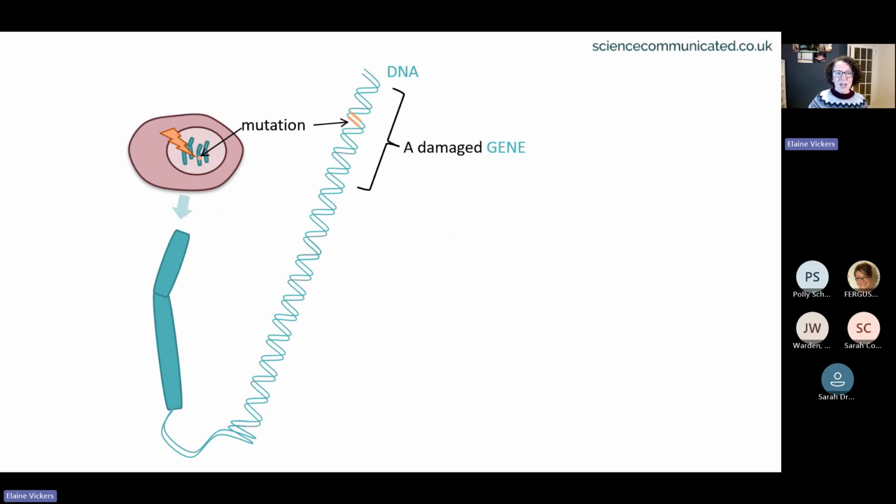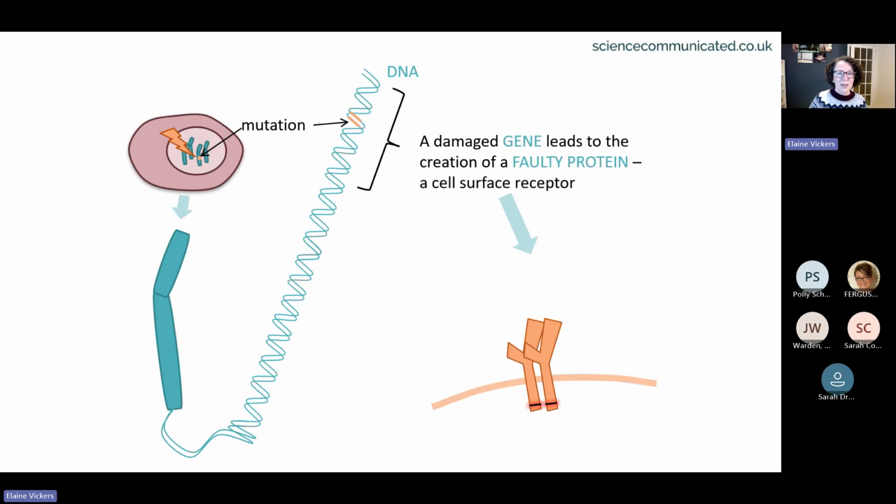If a gene is damaged, another word for that being mutated, then instead of making the normal healthy version of the protein from that gene, the cell might make a faulty version of the protein from that gene.